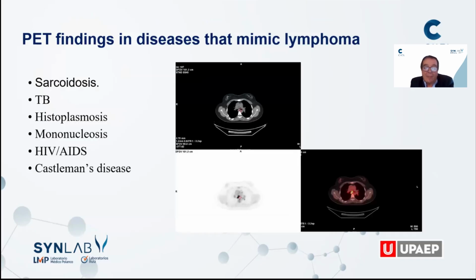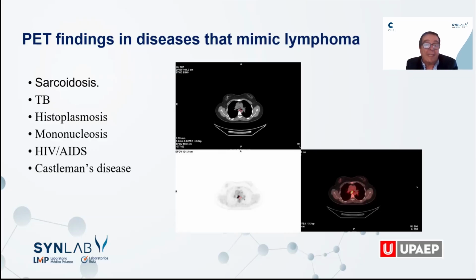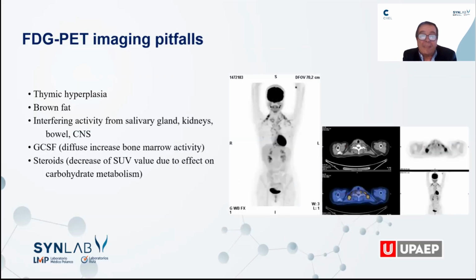Using FDG, we have also other diseases that can mimic PET-CT findings of lymphoma, like sarcoidosis, tuberculosis, histoplasmosis, mononucleosis, and Castleman disease.